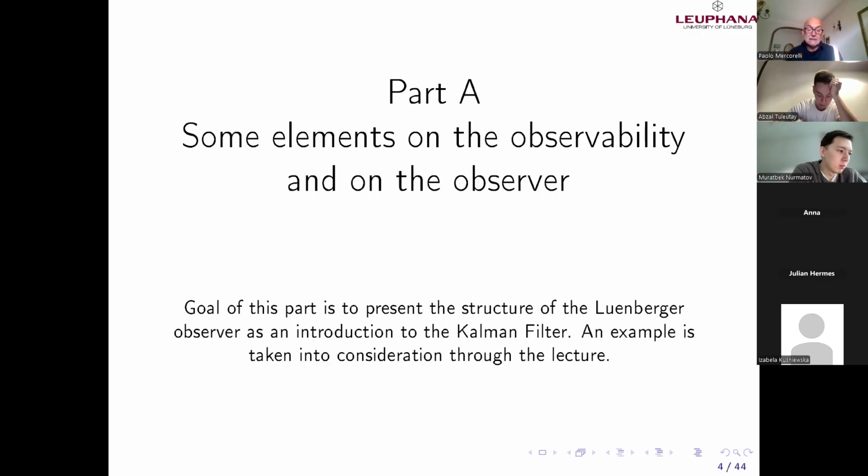A state is a variable, and we will see that in the mathematical meaning, variable is a word which we use also in math 1, math 2, and so on. Of course, to build an observer, which is an algorithm, we have to verify that the system is observable. This means we have to verify its observability.